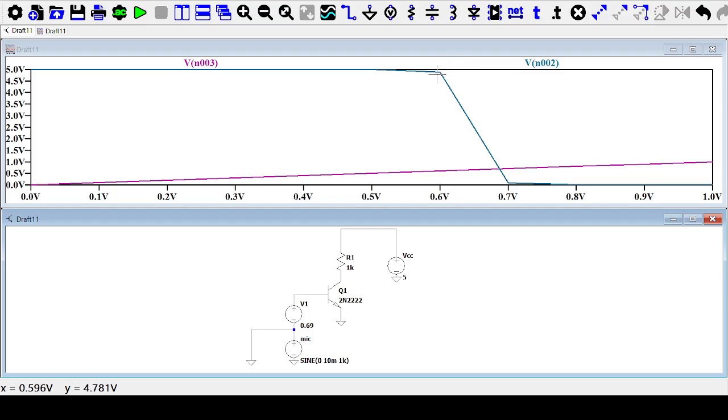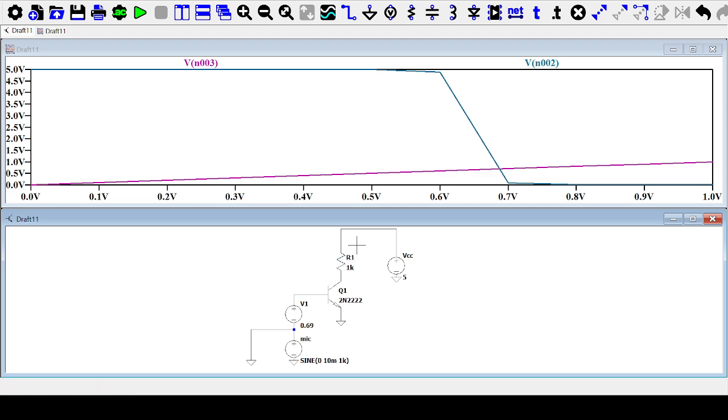We can also look at soft saturation just above 0.5 up to, let's say, 0.62 or 0.63. Right after that, the linear region begins. The linear region shows that the current IC increases.